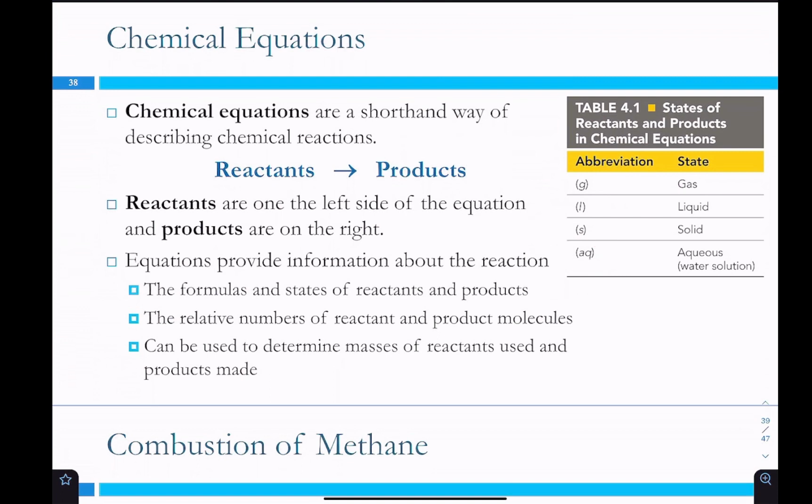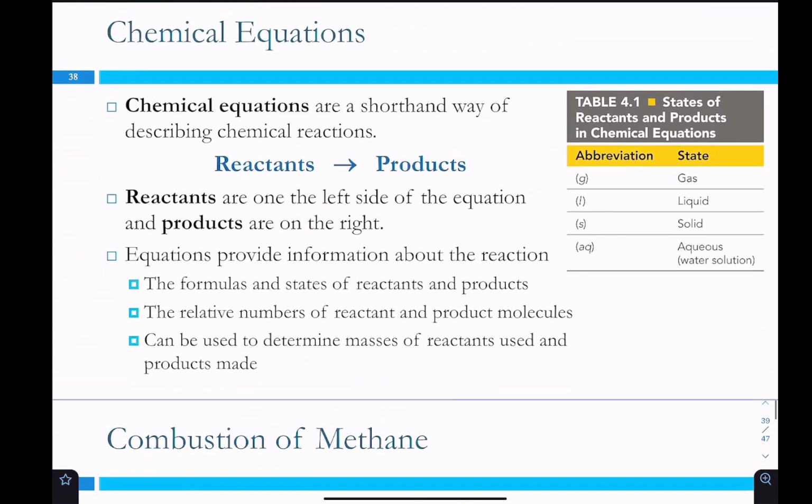If it's something that's dissolved in water, that's aqueous, and that's the lowercase aq. Equations are a shorthand, but they provide basically all of the useful information that you need to know about a chemical reaction: the formulas and states of the reactants and products, and the relative numbers of reactant and product molecules. You can use that to determine masses of reactants used or products made or anything within that chemical reaction.